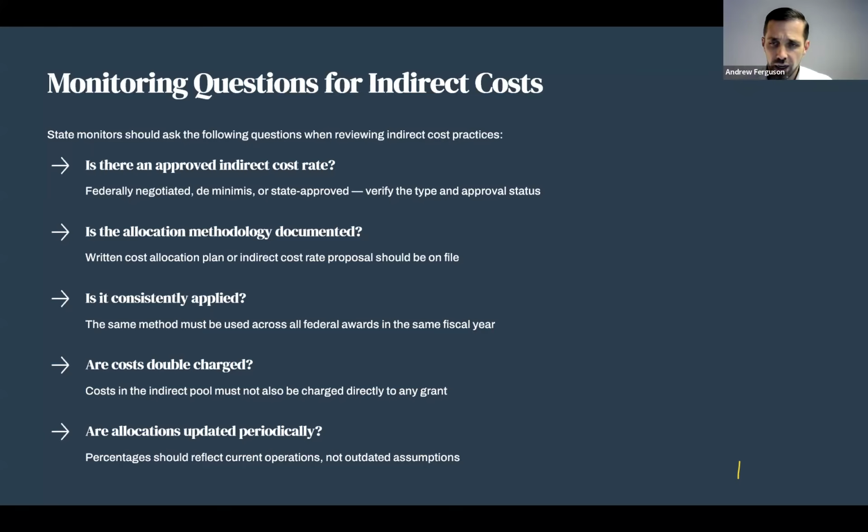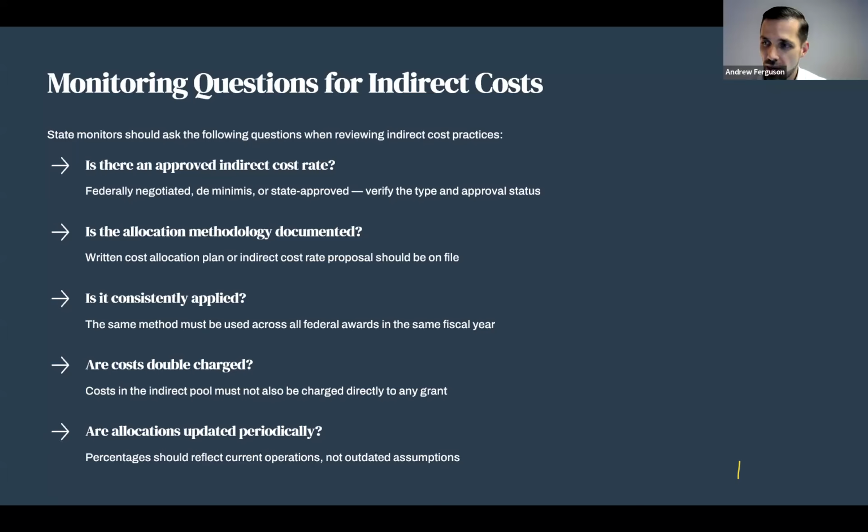And I know Amy touched on this earlier, but are the allocations being updated periodically? When you go to the agency that you monitor and ask for the cost allocation plan, does it look like it hasn't been touched in 20 or 30 years? Maybe they have an allocation plan and it's documented, but you look at the little timestamp at the bottom and it's from 2003.